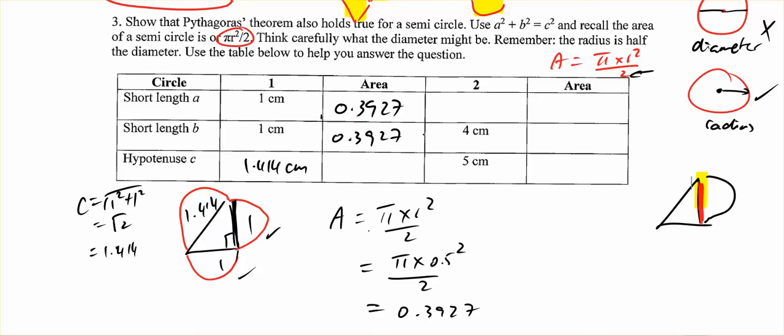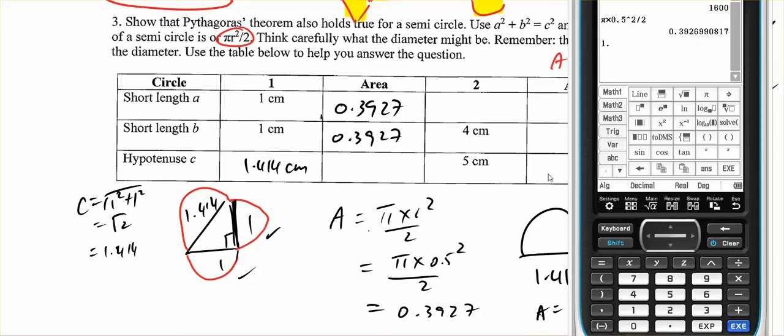Now, for the third side, the longer side, the hypotenuse side, how do I calculate the area of the semicircle? Again, if I draw the semicircle, we've got 1.414. The area is given by pi times r squared over 2. Now, what's my r value? That's the diameter. So the r value is 1.414 divided by 2.